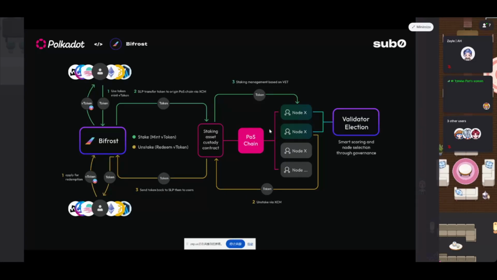On the left side, you can see different icons representing different parachains, external chains, and different native tokens with staking nature. The assets come from a user to the Bifrost parachain, and are executed by the SLP module, which is the staking liquidity protocol module.